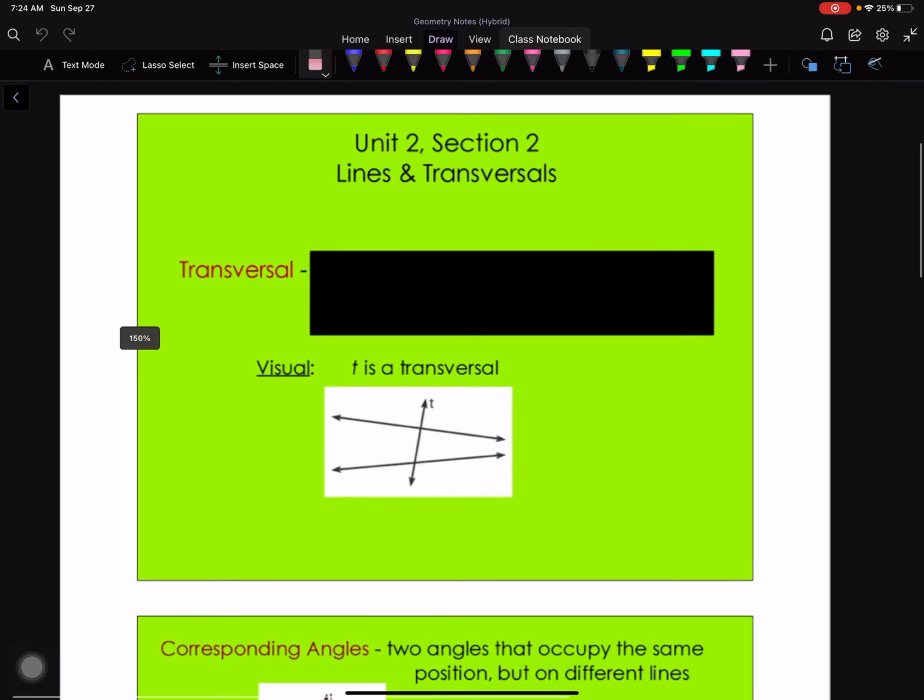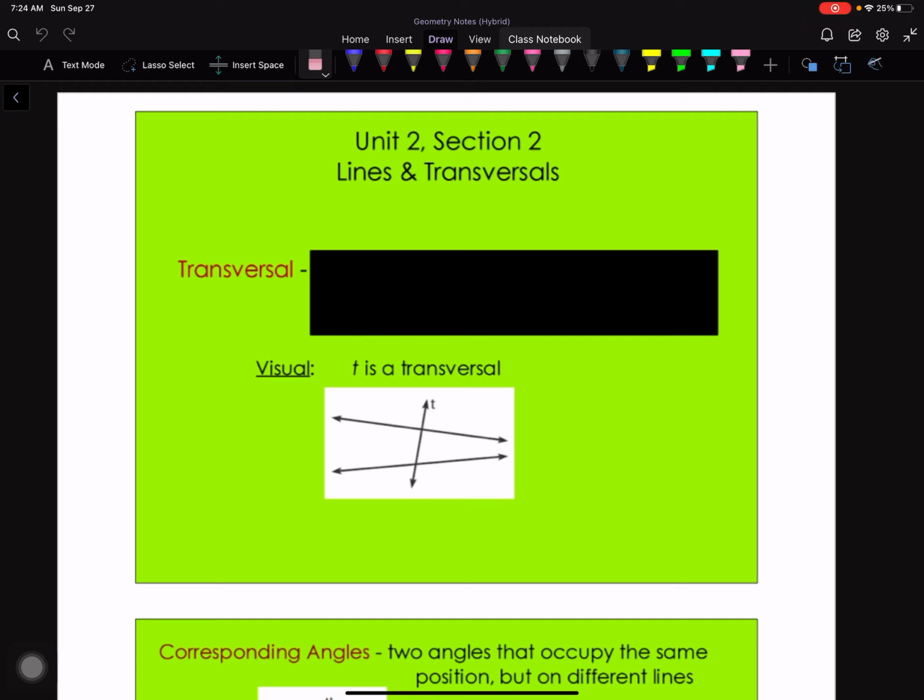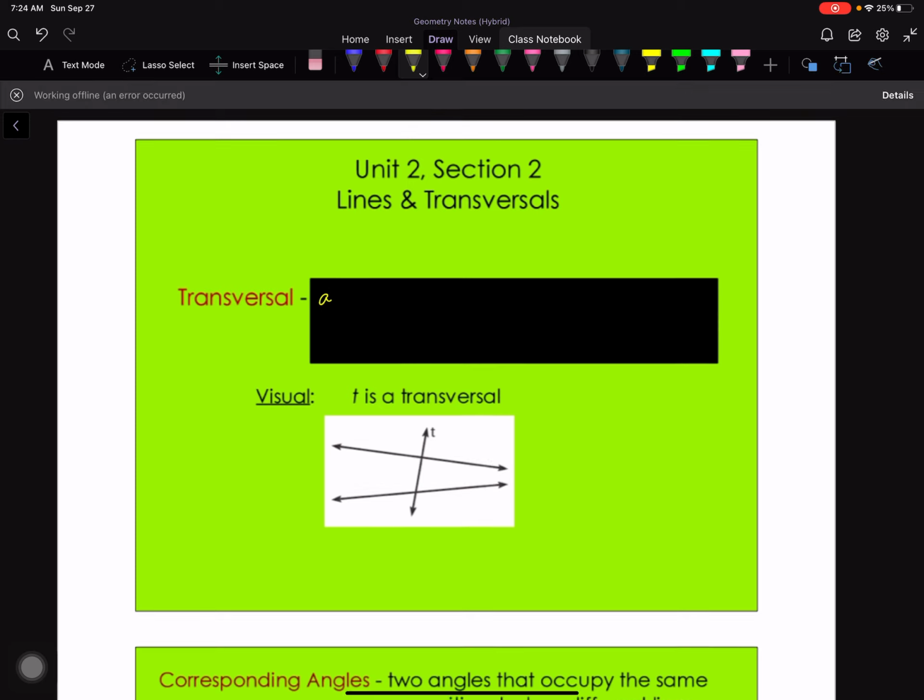All right, let's continue on here with Unit 2, Section 2, lines and transversals. So first of all, starting with a transversal, that is a line that intersects two or more coplanar lines at different points.